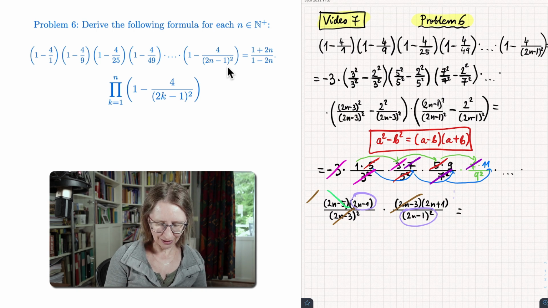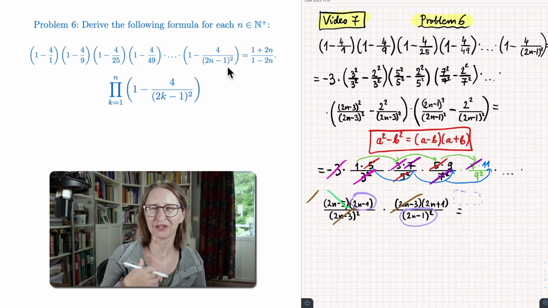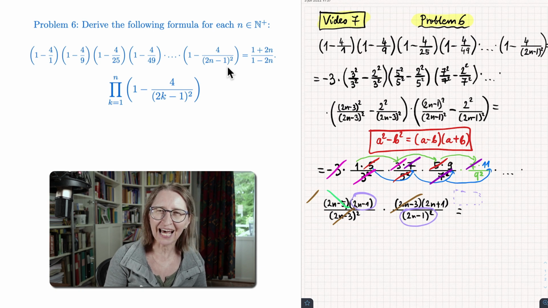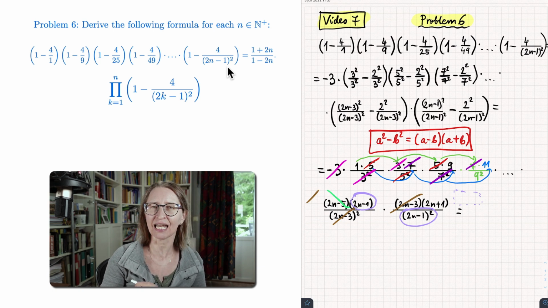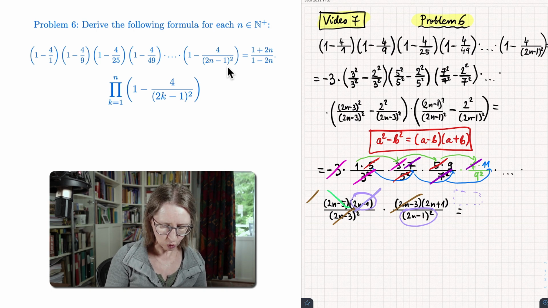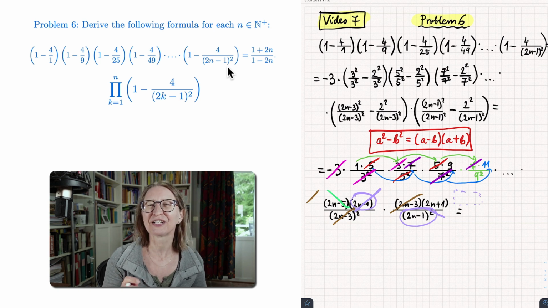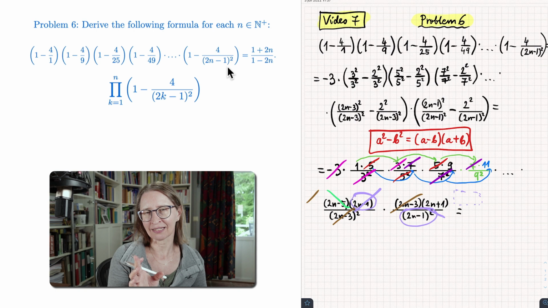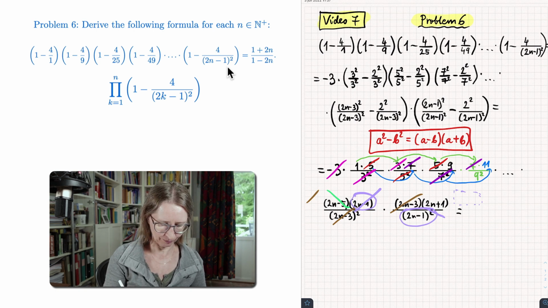And there is nothing more here which would cancel out this entire square of 2n minus 1. So the only thing we can do with this last factor is cancel this one with the square. You see? Because only one 2n minus 1 will get cancelled, not the second one.